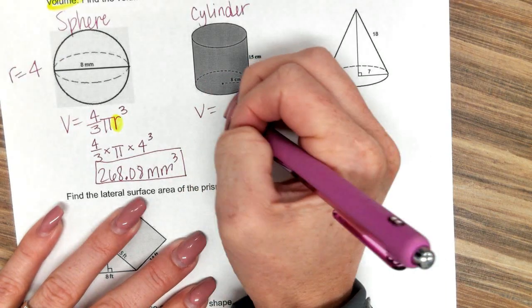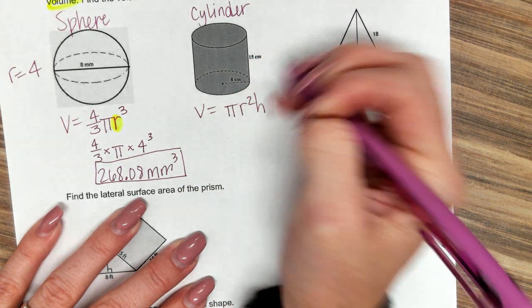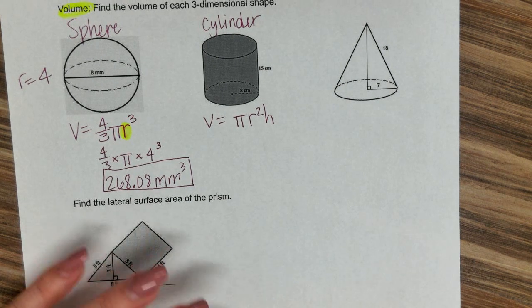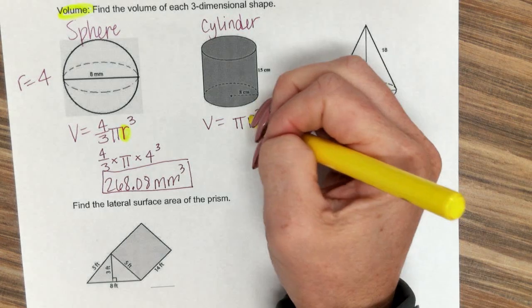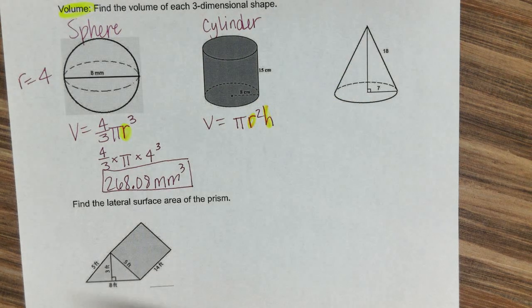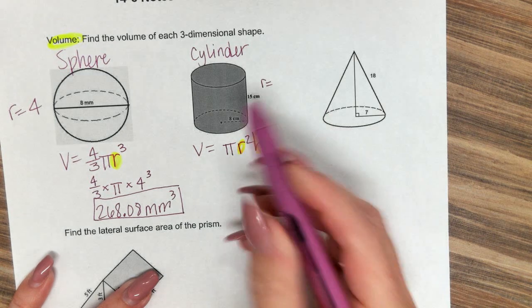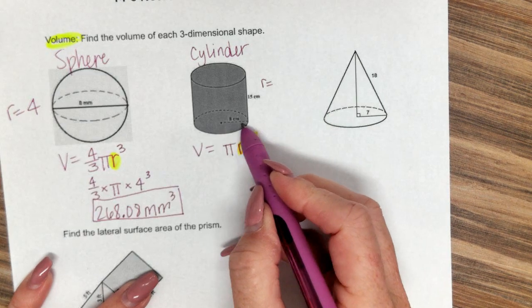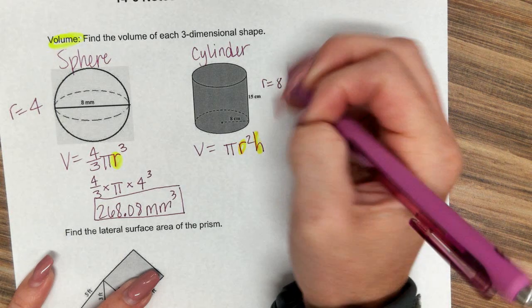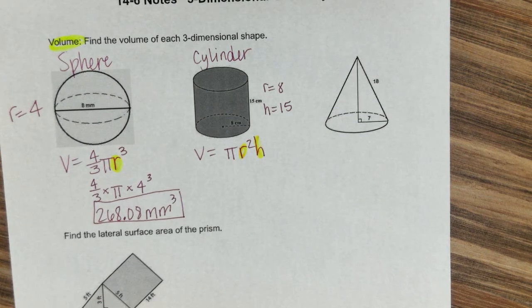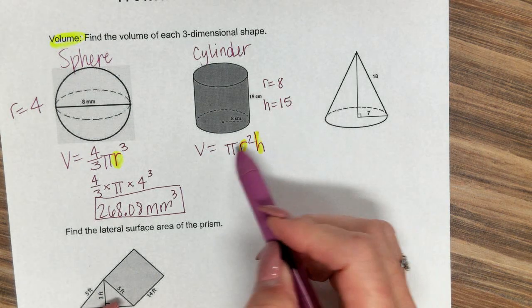To use this formula, what two pieces do I need? The radius and the height. I need an r. What is the radius? Did they give it to me? What is it? 8. What is the height? 15. So I just go plug these in to this formula.